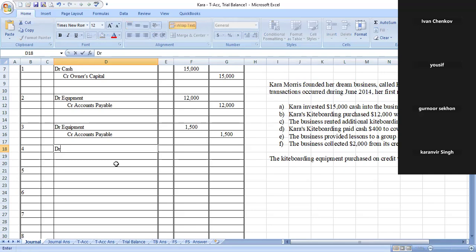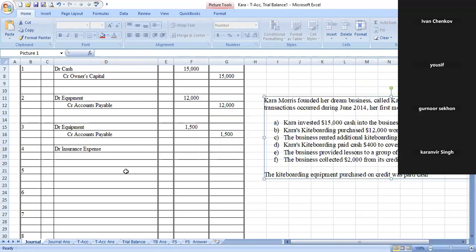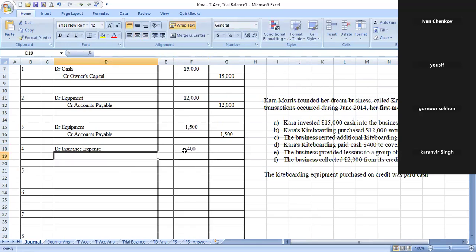So that will be debit, insurance expense with how much was that? $400. And she paid right away cash. And that will be here credit, cash with $400. And we're done with this.